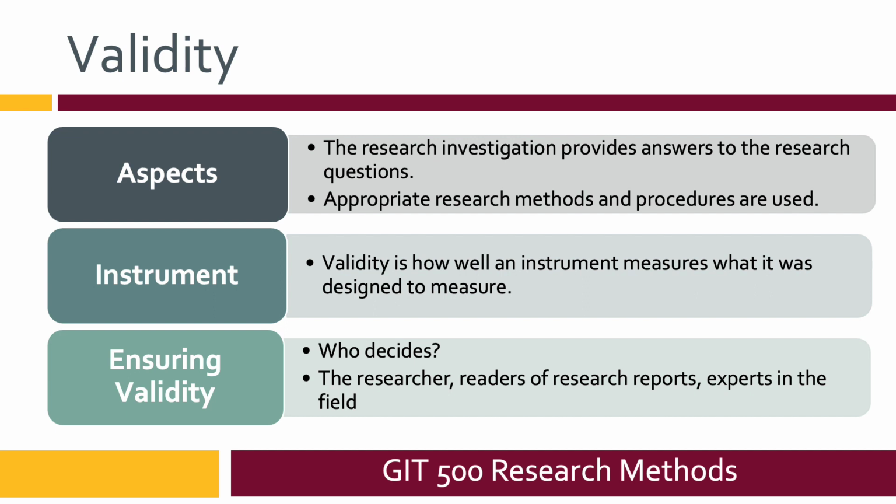And then you might say, well, who decides if something is valid? Well, the researcher themselves should be evaluating that, but also the readers of research reports or experts in the field. So if you're unsure as a researcher, you can ask an expert in the field to evaluate the validity of your research plan.